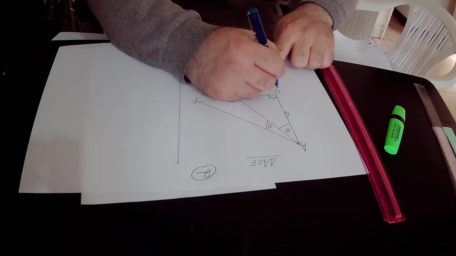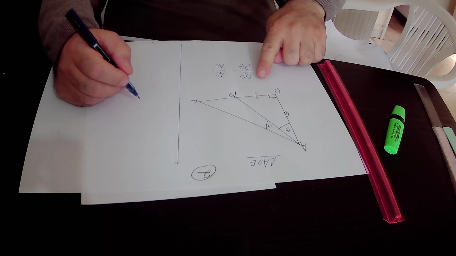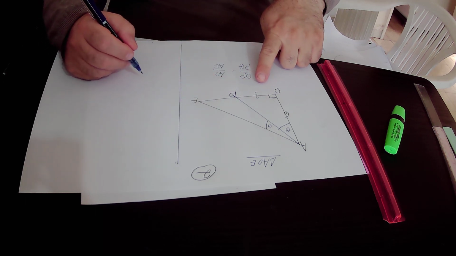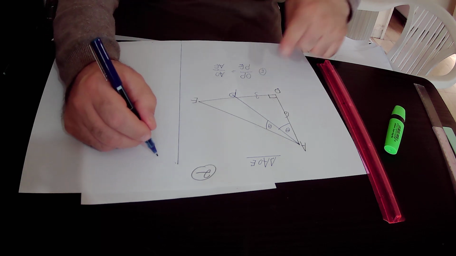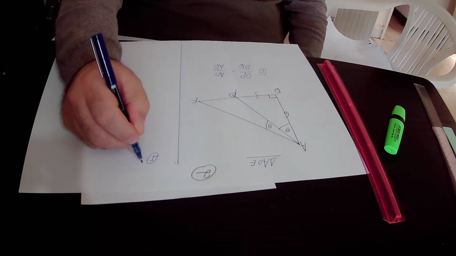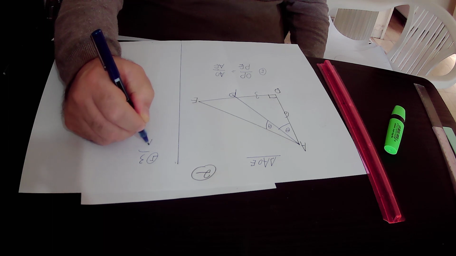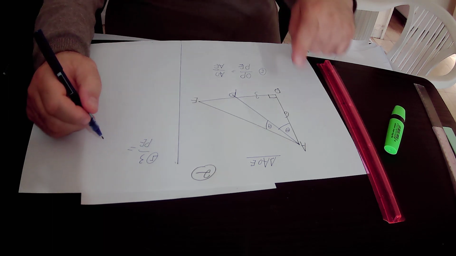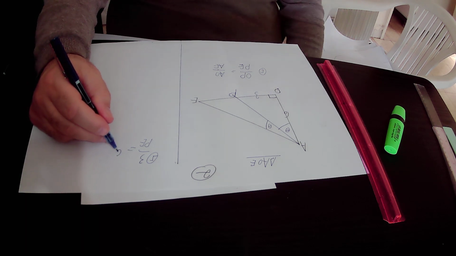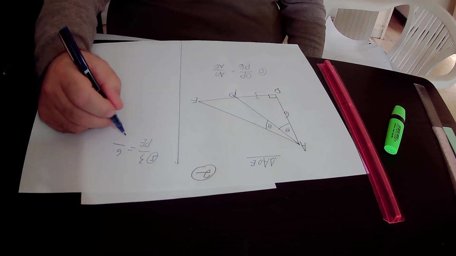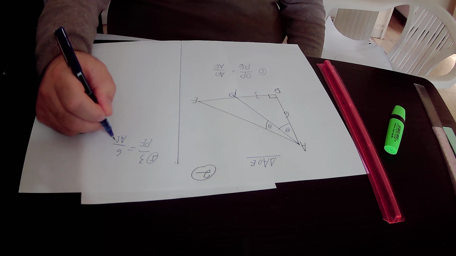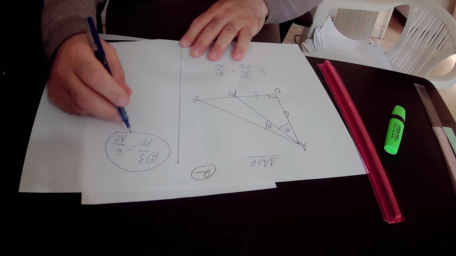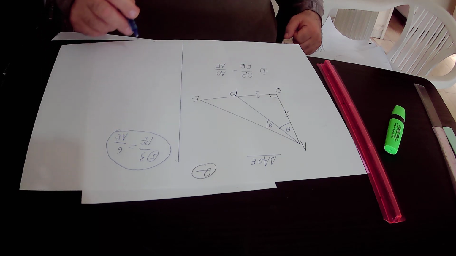Here, OP is the radius of the semicircle, that is to say it is equal to 3 units. So it is 3 over PE. That is equal to AO. AO is 6 units according to what is given in the question, over AE. So, in conclusion, according to equation number 1, 3 over PE equals 6 over AE.